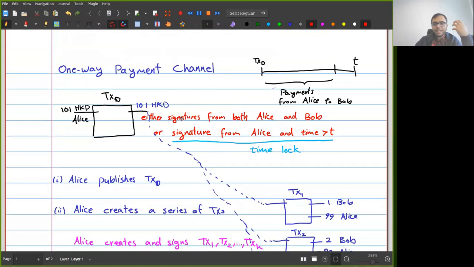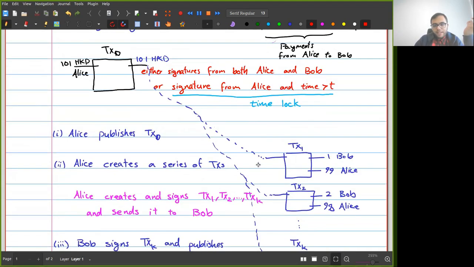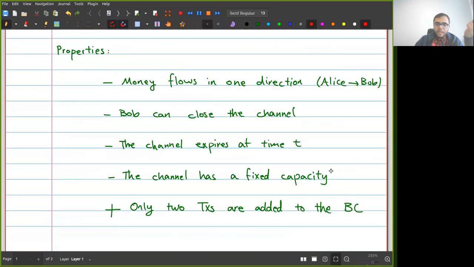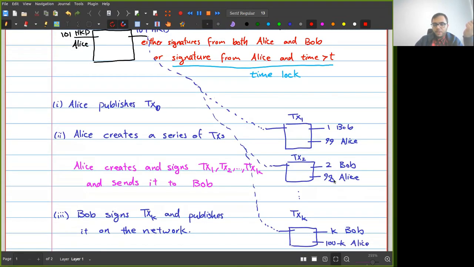It's not really a transaction, but I can make as many payments as I like, right? And I don't necessarily have to pay in units of one either. So if I'm Alice, I can just keep paying Bob. And every time, as long as I'm increasing the amount that I'm paying to Bob, this entire protocol would work.